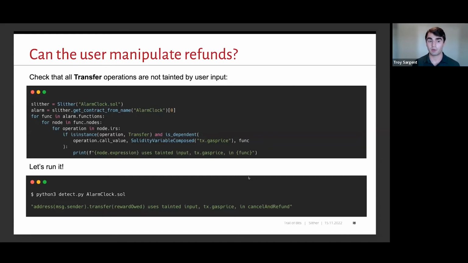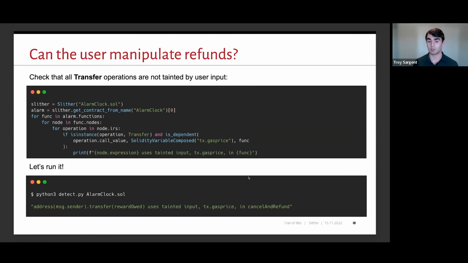So once we have the alarm contract, now we can go through that hierarchy and we can look at all of the functions and all of the nodes in each of those functions. And then we can look at the operations. And the operation that we're interested in for this question is transfer, because it's sending funds to the user. So we're going to look for operations that are transfers.